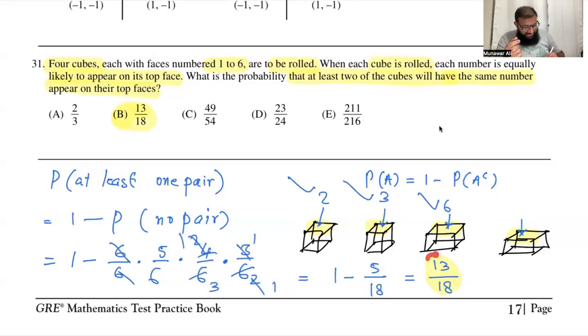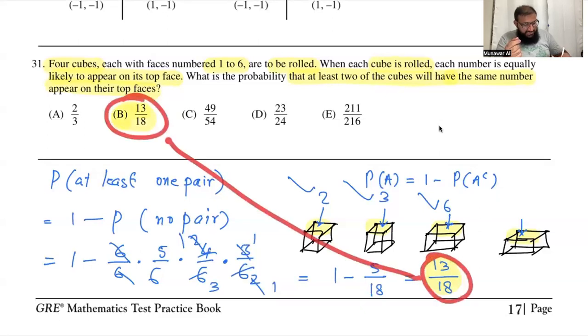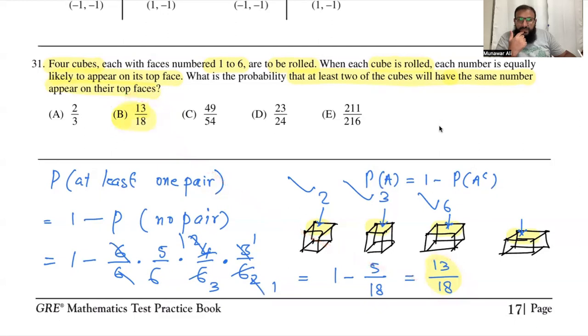So you can see the correct option is B. This question seems really tough if you go directly, but if you apply the complement law, then it makes your life easy.